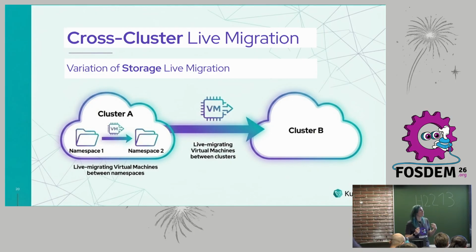You still need to move your storage from the source to the target. And in this case, it just appears that your target node resides in another cluster. So we said, okay, we are simple storage guys. We see storage live migration everywhere. Let's do it across the clusters.